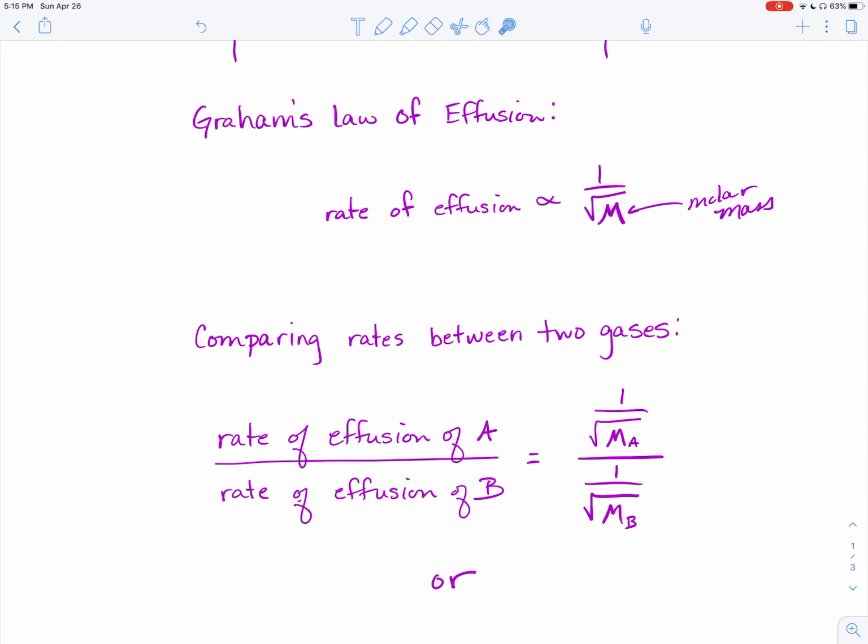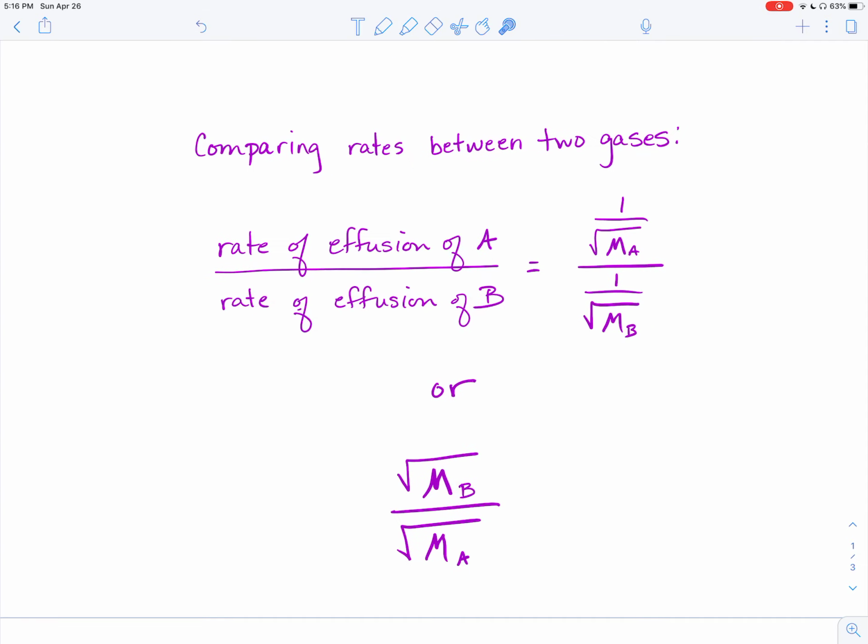Now, we don't really like having fractions within fractions. So if you multiply the numerator and denominator by the reciprocals, you get this equation here.